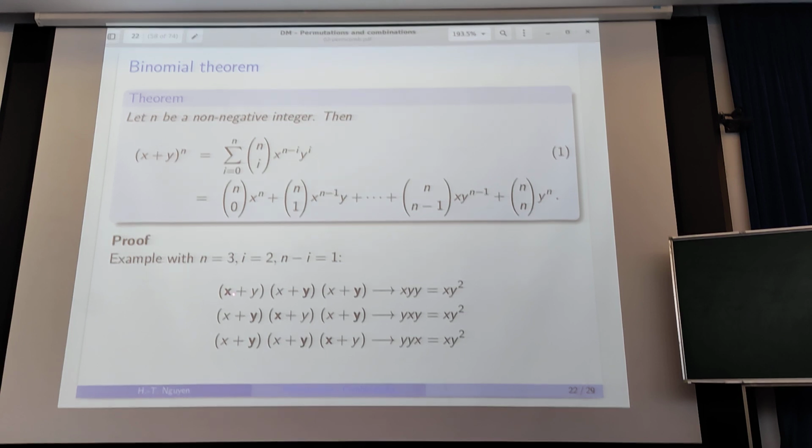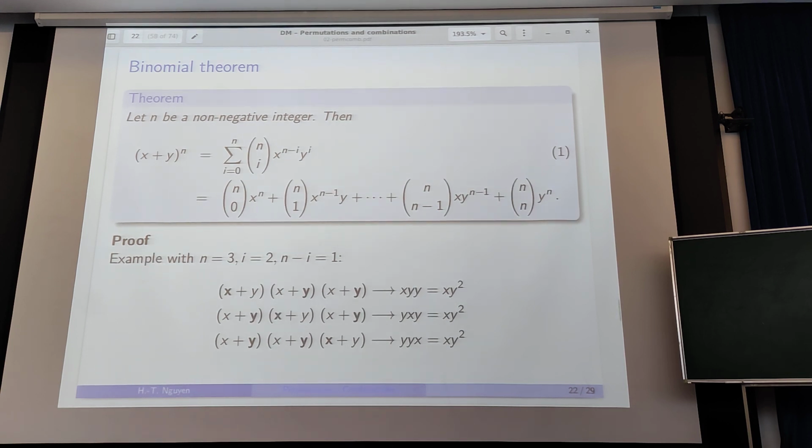So you choose x from one of the sums, and you choose y from the 2 other sums. Okay? So in fact, each term x y squared here corresponds to a way to choose 1 x and 2 y's. So the number of ways to choose 1 x and 2 y's among 3 sums is equal to 3 choose 1, or equivalently 3 choose 2.